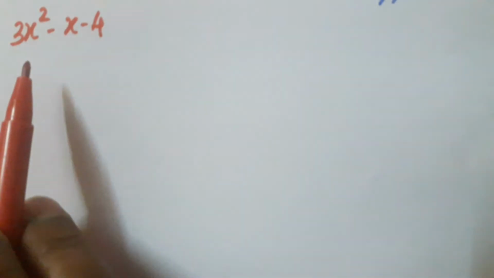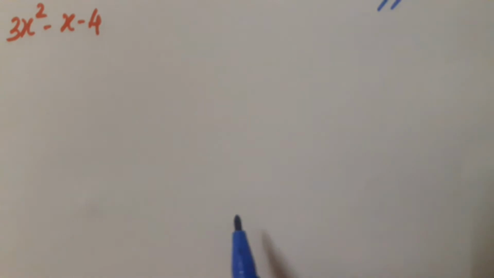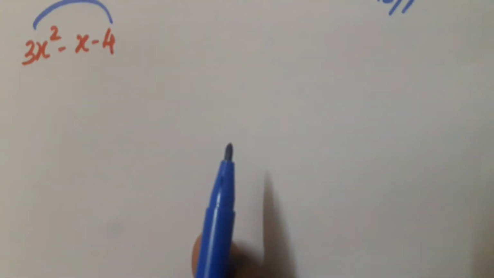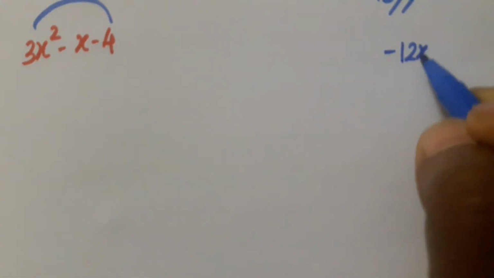Our last sum in exercise 9.2, we have 3x square minus x minus 4. Let me show you using the factor method. So we are going to multiply this 3x square by minus 4. So we will get minus 12x square.